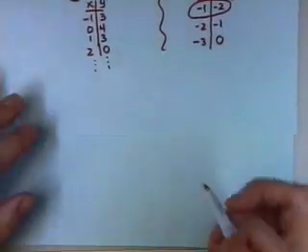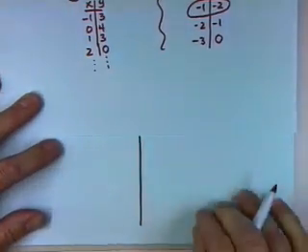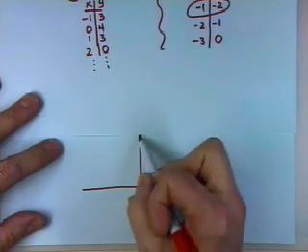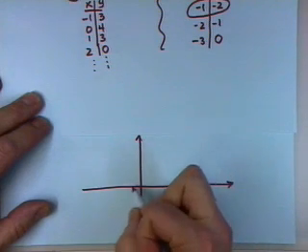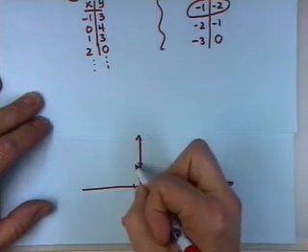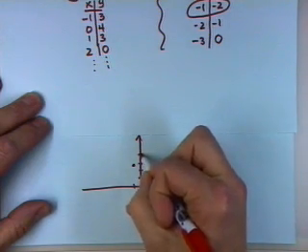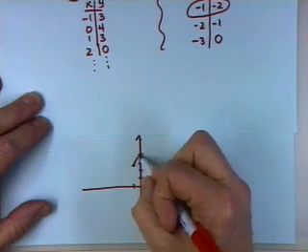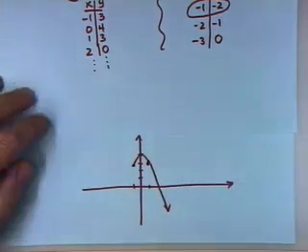Putting some of these things together. So -1, 3. That gets plotted. 0, 4, 1, 3. And then we continue, right?